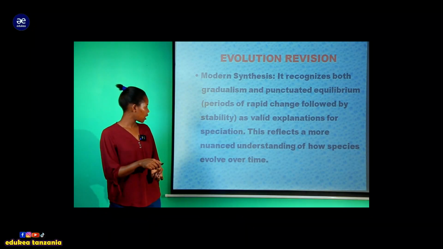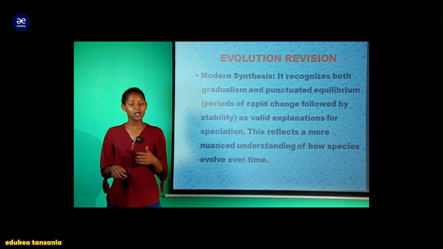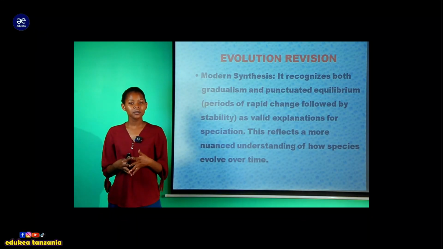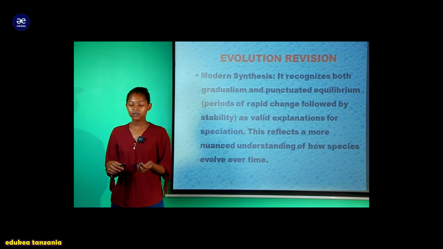So, according to modern synthesis, it considers gradualism as well as punctuated equilibrium. Punctuated equilibrium means periods of rapid change followed by stability, or followed by stasis. That is all about punctuated equilibrium.